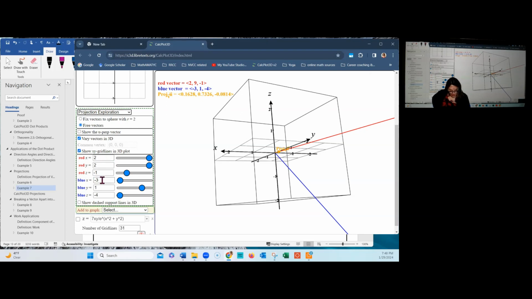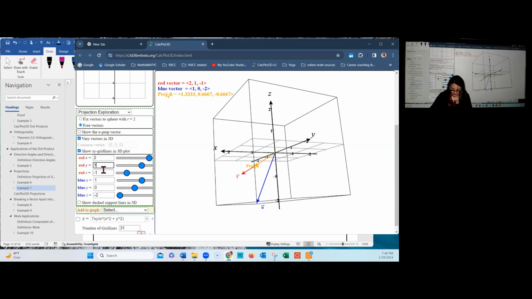So V in our case, which is going to be blue, this is the projection, V onto U. So V was 1, 0, and is it -2? V is -2. And U, which is what it's projecting onto, is 2, 1, -1.